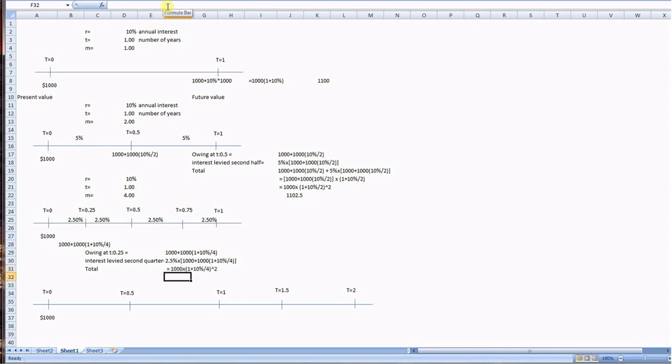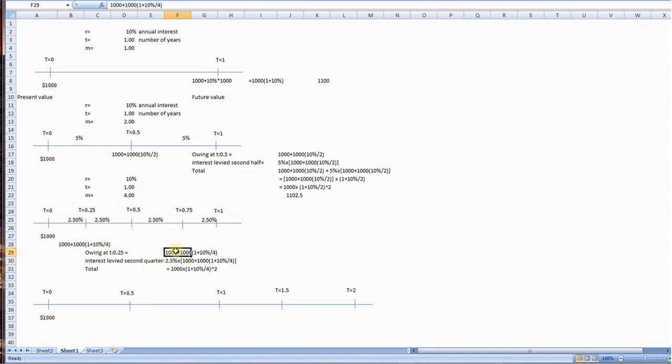I hope you can see what I'm driving at. So this as at t equals 0.5 is very similar to this formula, except that the interest that we charge is now 2.5% instead of 5% in the previous example, because we are now talking about 4 periods instead of 2 periods. Okay, so we are now only at here.